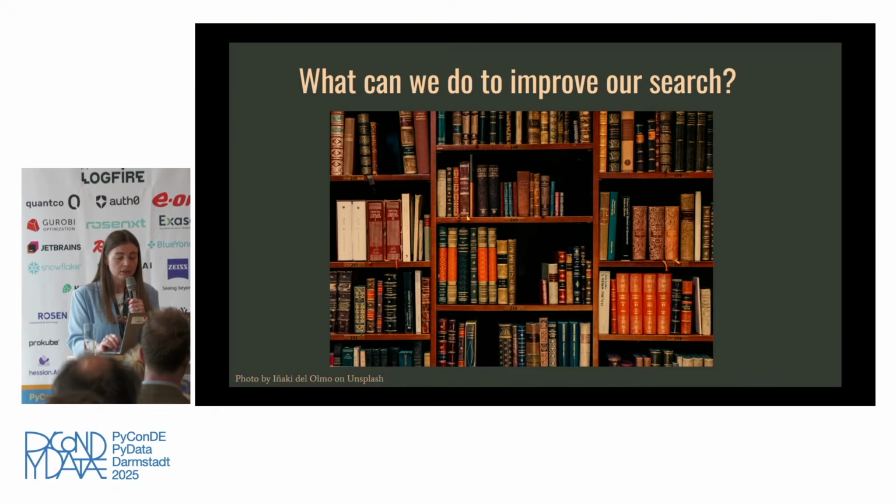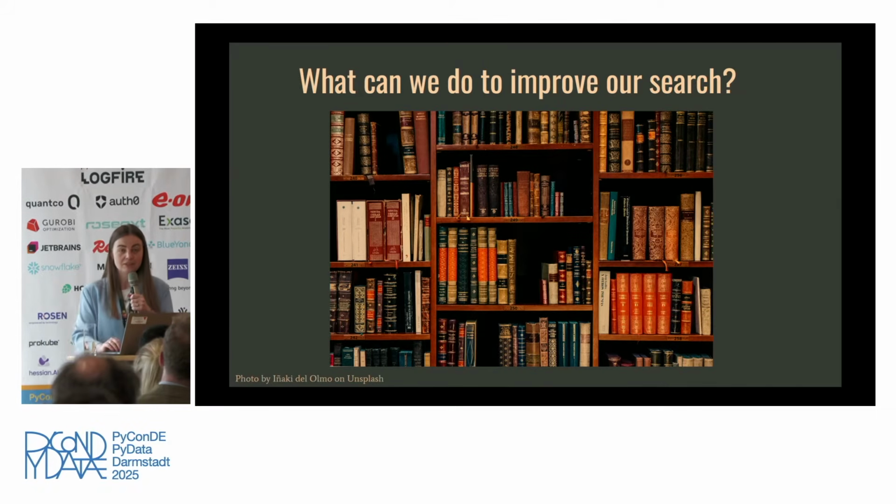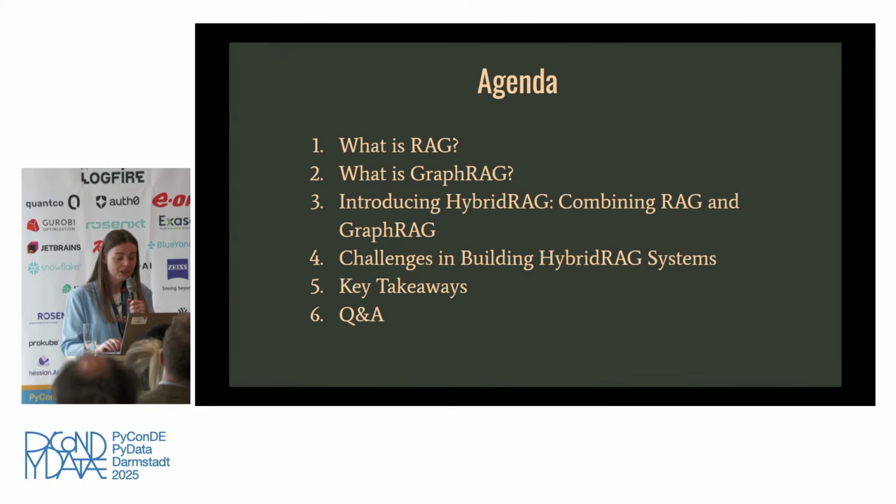But maybe you don't want to do this. You want to have some smart and experienced librarian who knows some hidden relationships and what's tying different books together. Having such a smart, experienced person is like having a graph RAG.